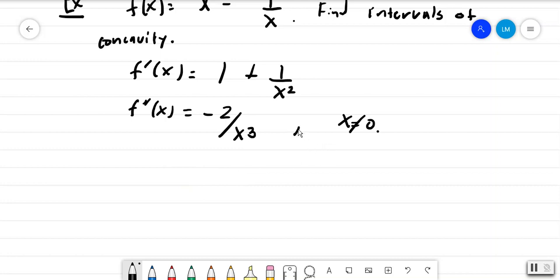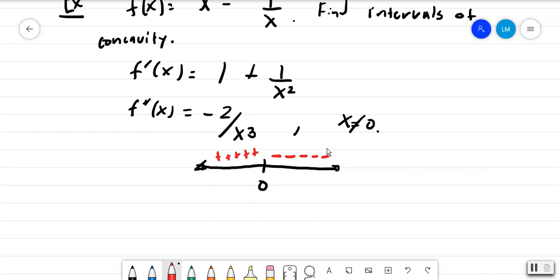If I was to set up an interval line test, I would find that for values less than 0, that's going to be positive. But for values greater than 0, it's actually going to be negative.